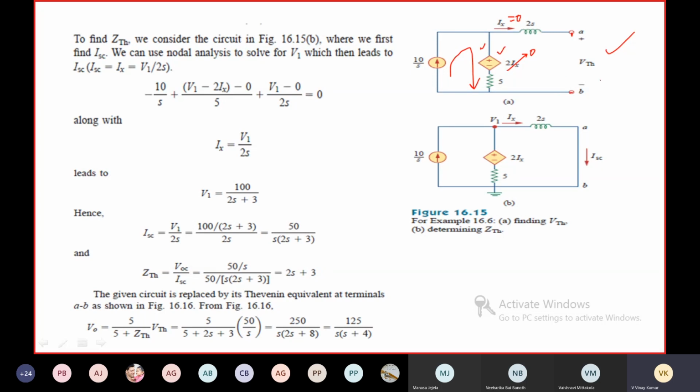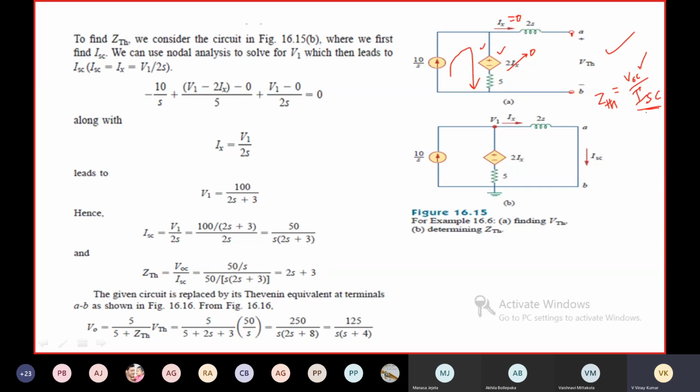When a dependent source is present, how can you find ZTH? Using a test source, or by finding the short circuit current: VTH, the open circuit voltage, divided by ISC is equal to ZTH.